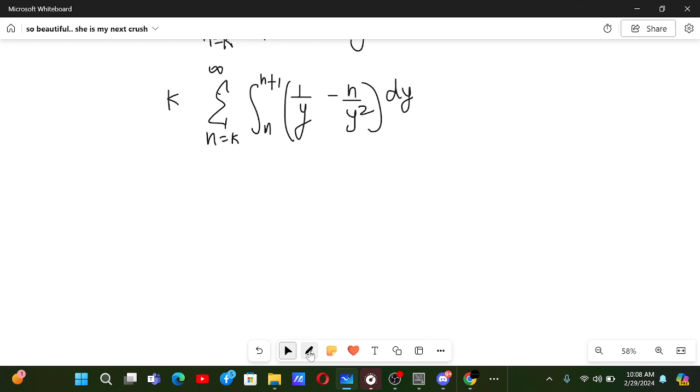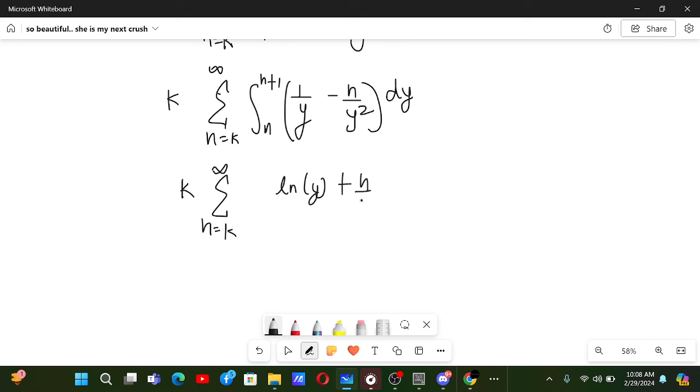Now after this we will have k times the sum going from n equals k to infinity. Now this is just ln of y, plus n by y, from n to n plus 1. Now you can easily evaluate this.